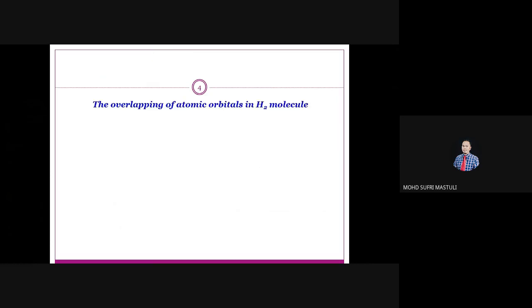All right. So this is the simplest molecule, which is H2, hydrogen. We know hydrogen's total electron is 1, so the valence electron is 1.